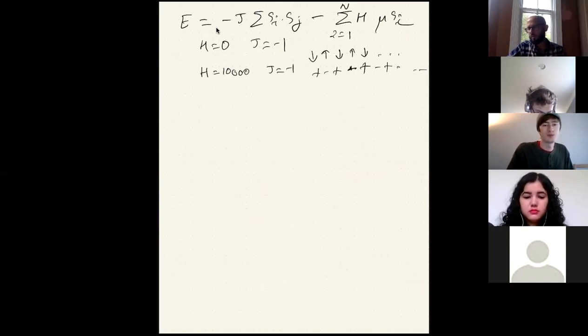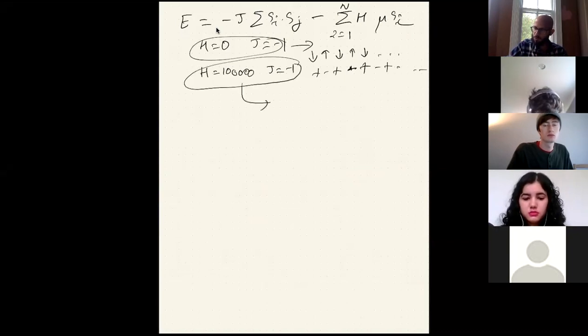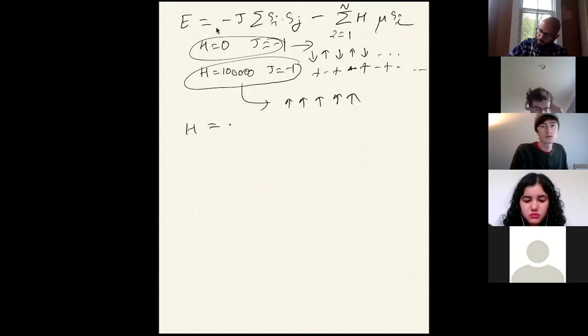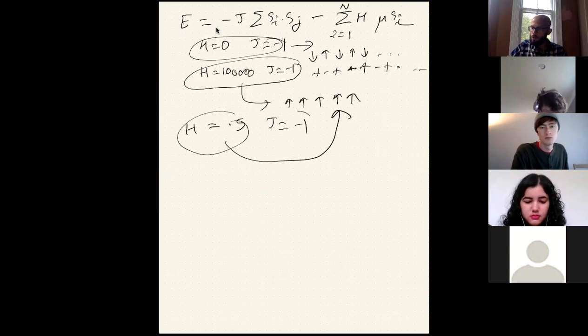So in this case, the contribution from H is much more than J. If H is equal to 100, or let's add one more 0, and J is equal to -1, then most of the time the configuration will look as if all the spins are trying to point along H. But now you could imagine some intermediate case where H is equal to, let's say, 0.5 and J is equal to -1. Now, H wants the system to look like this, and J wants the system to look like this. So there is a competition.